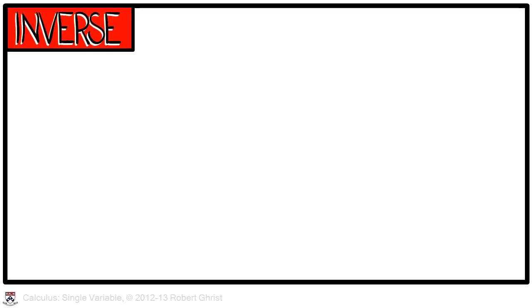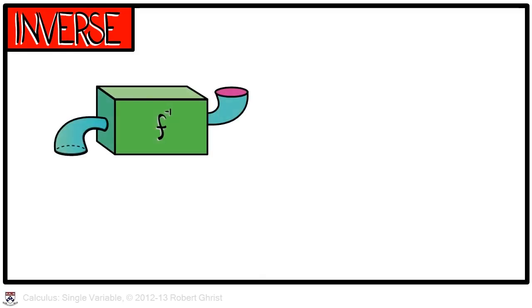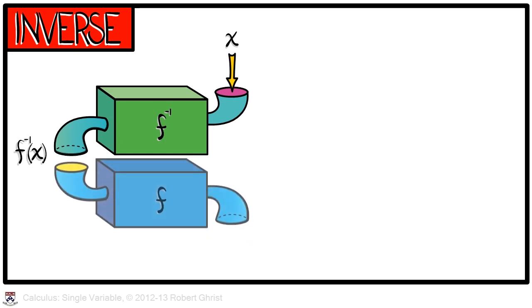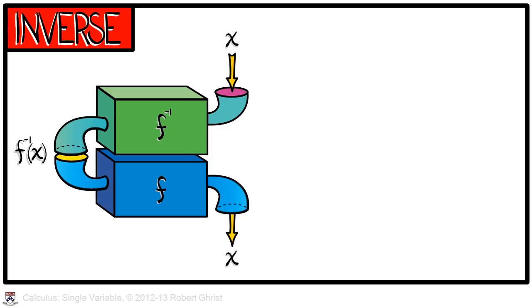One additional important operation on functions is that of inverse. The inverse of a function f is denoted f with a superscript -1. Don't let that fool you. That does not mean you take the reciprocal of f of x. Indeed, f inverse is defined as that function which takes as its input x and returns as an output f inverse of x, such that if one composes with f, one gets back the original value of x for all such x.